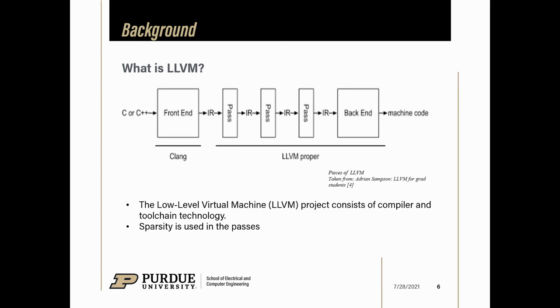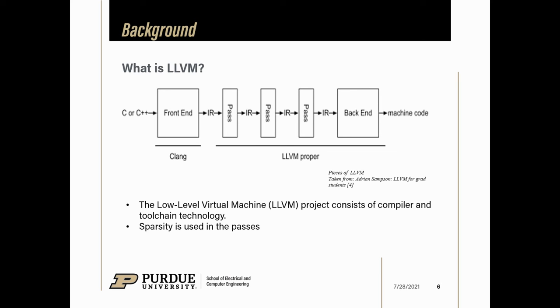Now, I mentioned LLVM, and what that stands for is the Low-Level Virtual Machine. It's a project that consists of compiler and toolchain technology. The diagram here is how a typical LLVM version works, with C or C++ code being run through the Clang compiler, or the LLVM front end, into intermediate representation, or LLVM IR code.